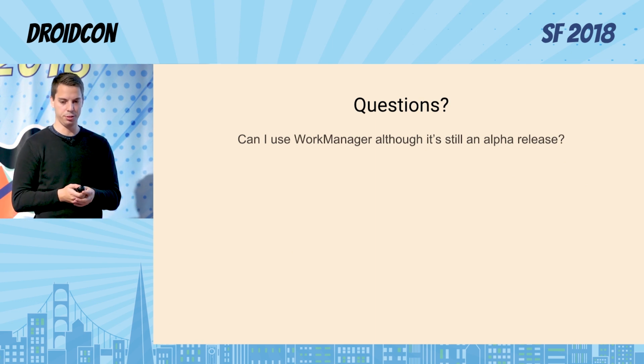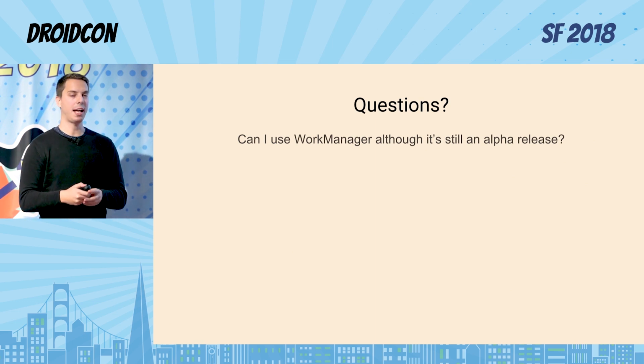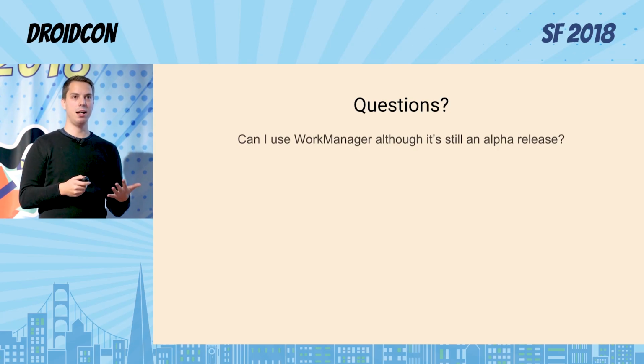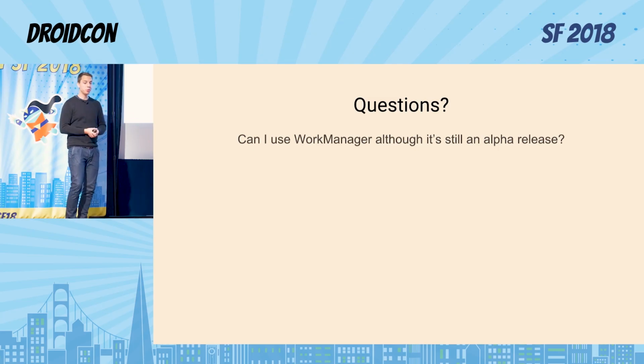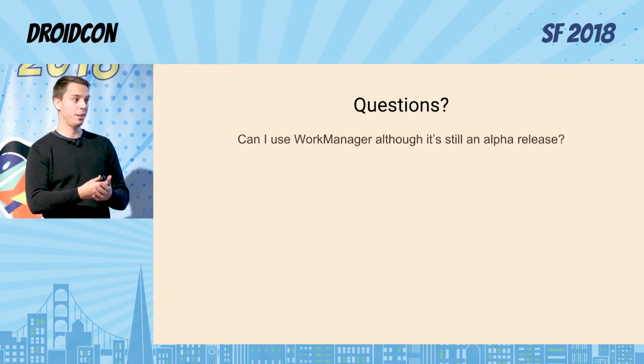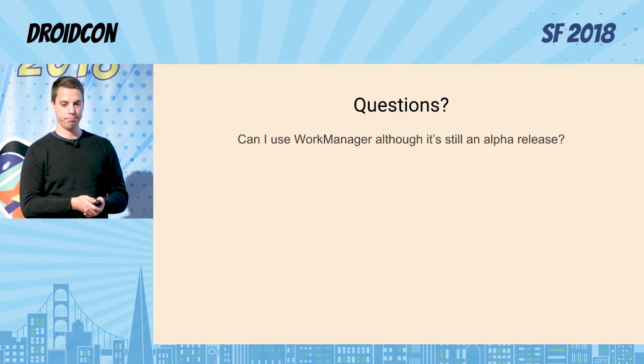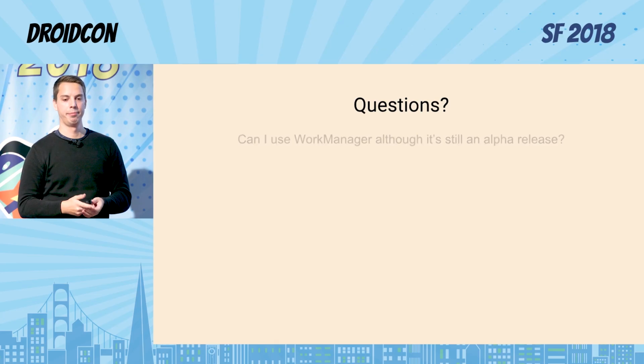I really would hope they would change that. But other than that, they said by now the APIs should be stable and they don't plan to do any major change anymore. So you could use WorkManager. It's working. If there are any bugs, please file them. I bet Google would be happy about any bug reports. So yeah, go for it.